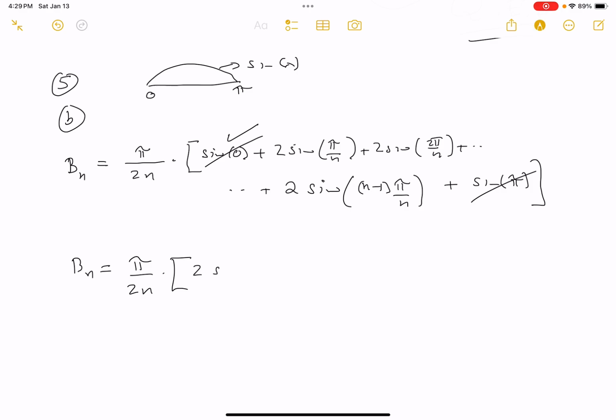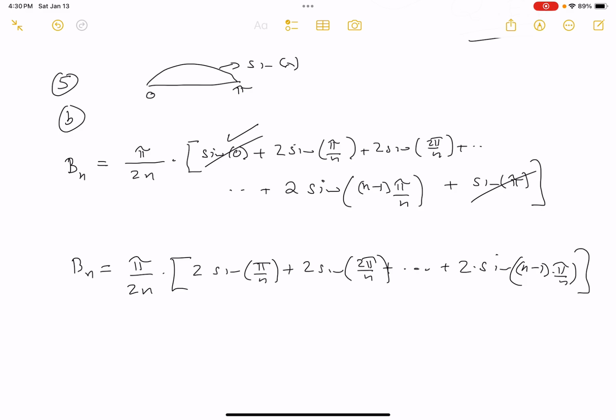They've got 2 in them. So it's 2 sine pi over n plus 2 sine 2 pi over n, plus, there's a bunch of 2's, by the way, last term plus 2 times sine of n minus 1 times pi over n.